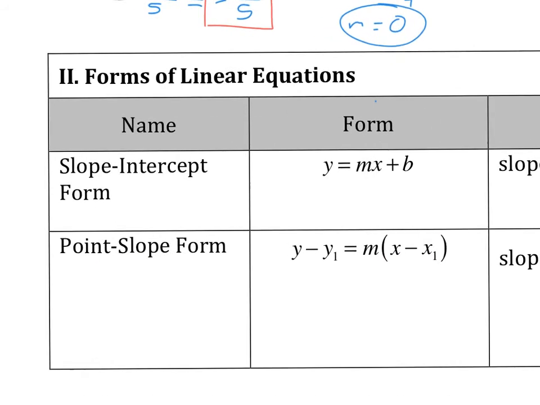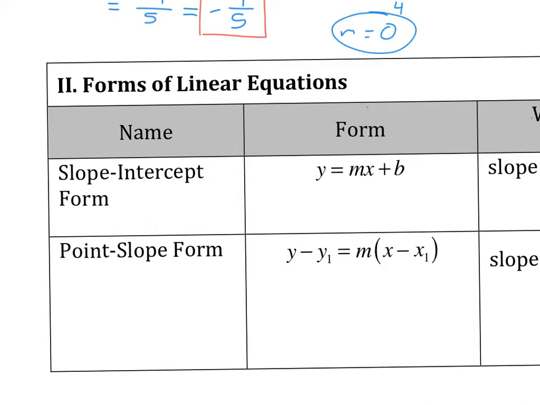So the first one here is called slope-intercept form, and it's sort of a crazy thing because it's called slope-intercept because there is a slope and an intercept in it. I know, math is confusing. So M means slope, and B means y-intercept.